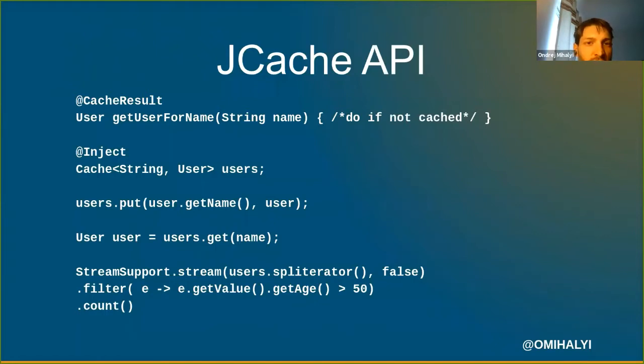JCACHE is very easy to use. You can just annotate methods with annotations like CacheResult, CachePut, CacheKey. So you can turn a regular method into a method that stores data or retrieves data to a data grid. Or you can get the Cache interface injected and then use it to manually put and retrieve the data into the store.